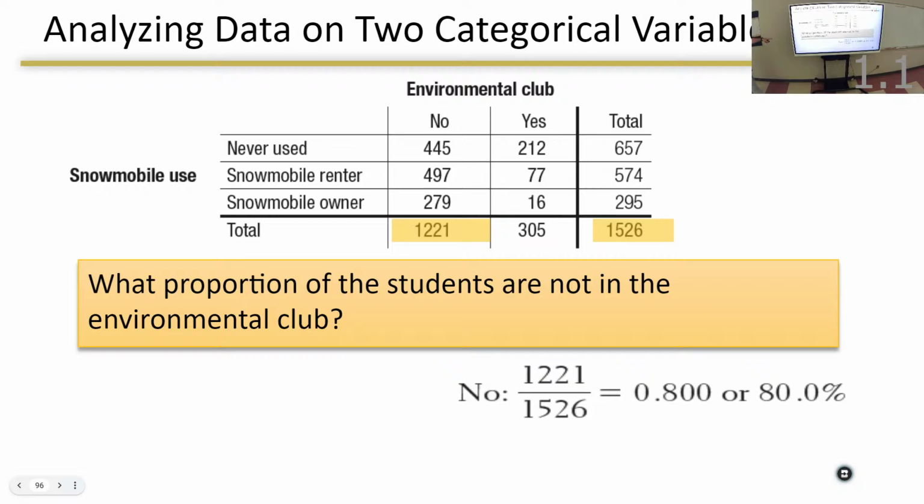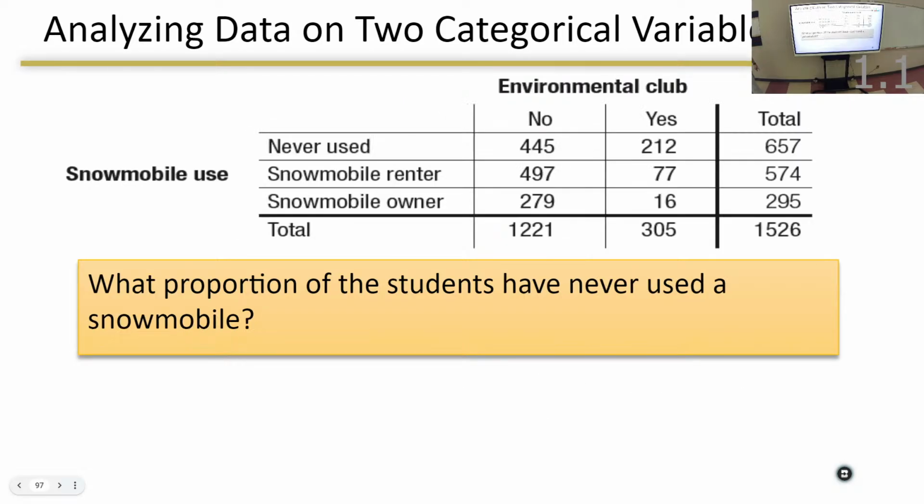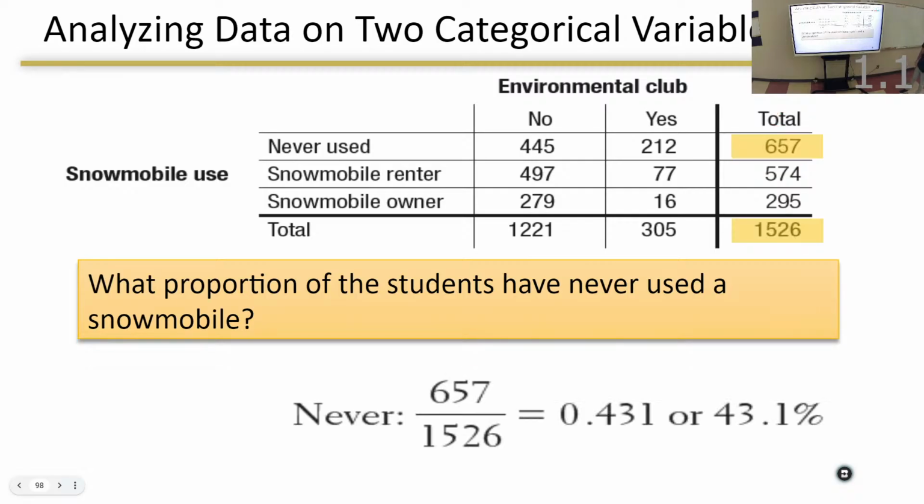What proportion of students have never used a snowmobile? None of those cats did. Okay, none of those cats did. Again, I don't know if it's a 0, and I don't like to present them, because that doesn't really tell me anything.